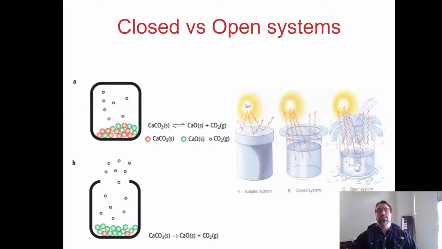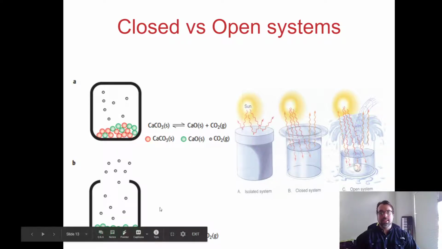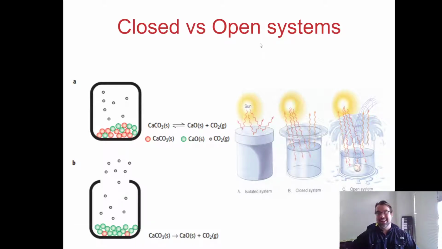We would end up reaching an equilibrium in that container. Whereas if we had an open system, which the bottom one is, you'll notice that the carbon dioxide will just escape. And if the carbon dioxide escapes, the backwards reaction will not have any products that it can use.